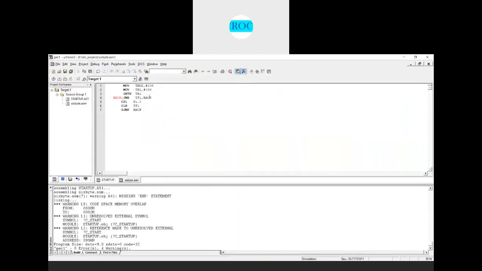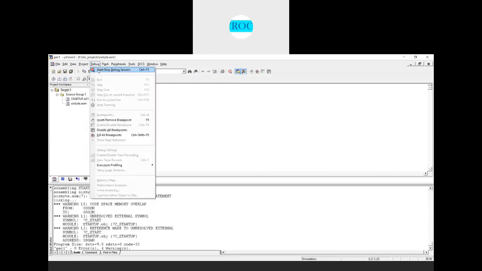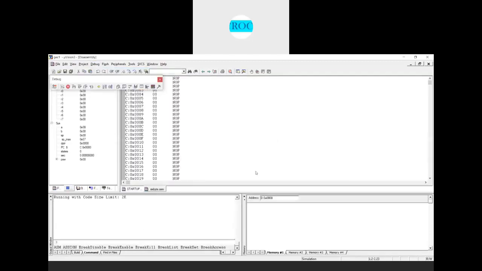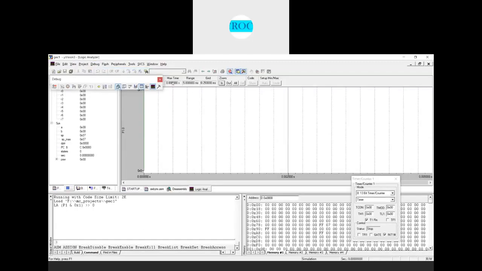We need to change this value to 00, right? Since we made the changes, save this, rebuild the entire project and the file again, and run this. Now you can see this.